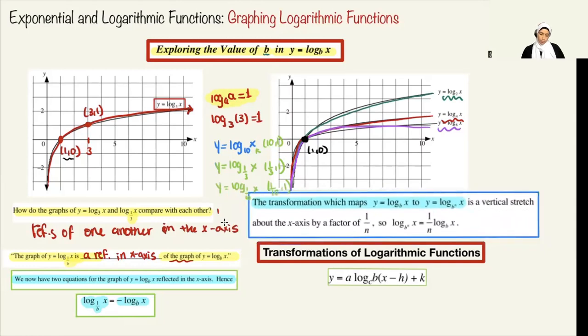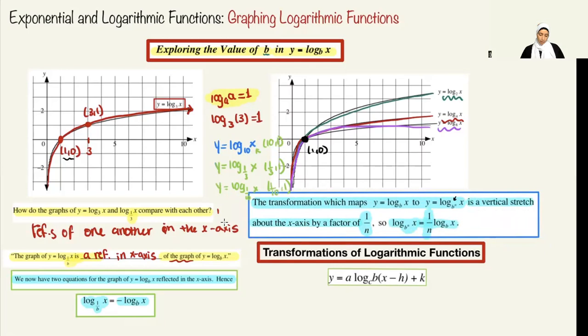So when I have this exponent n over here on the base, then we have a vertical stretch about the x-axis by a factor of 1 over n, okay? And so log base b to the power of n of x is equal to the same thing as doing 1 over n log base b of x, right?